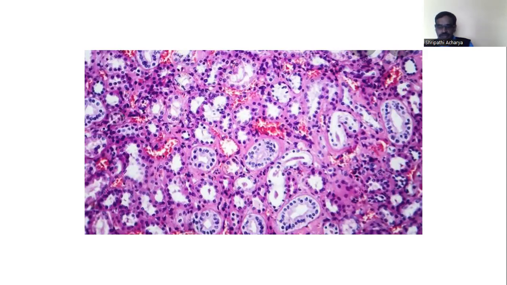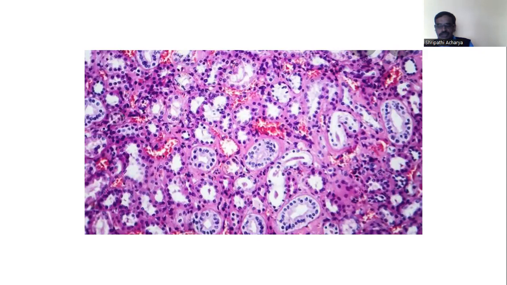Another cause is vascular: systemic hypertension, persistent systemic hypertension, and renal thrombosis. This can lead to damage of the renal tissue and can cause chronic kidney disease. The last one is the obstructive causes.